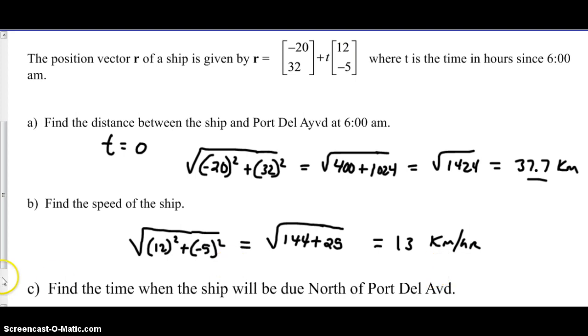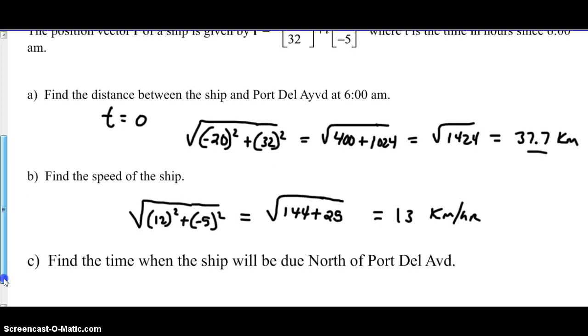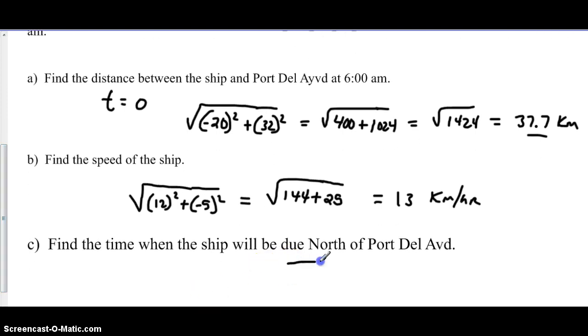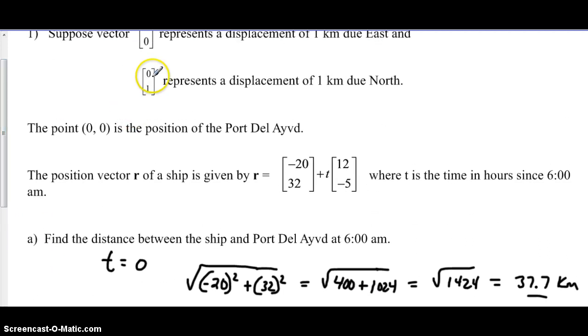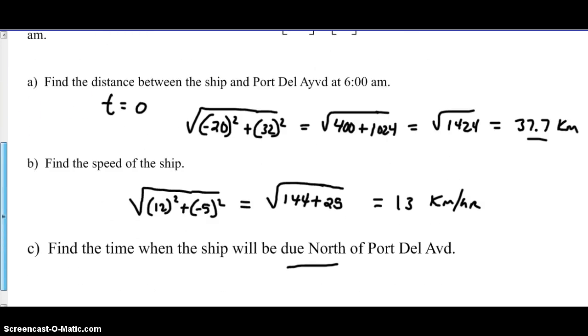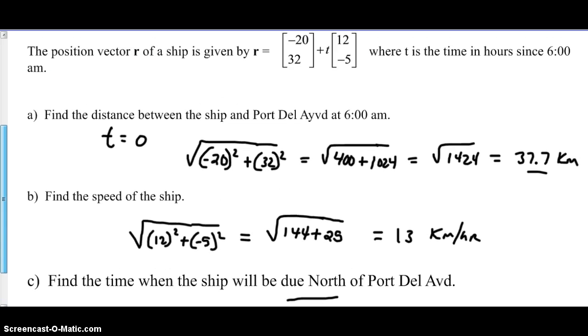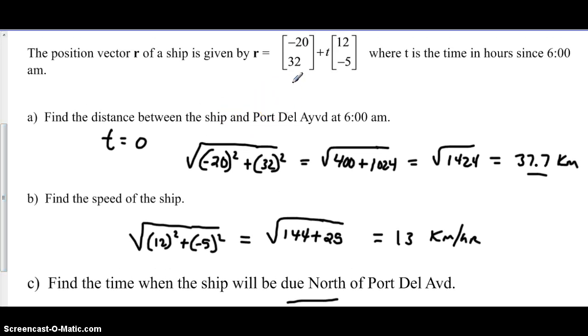Our last question asks us to find the time when the ship will be due north of the port. Remember, when it's due north, our x value would have to be 0 relative to the reference point. So we're going to use our parametric equation for x and set that equal to 0.